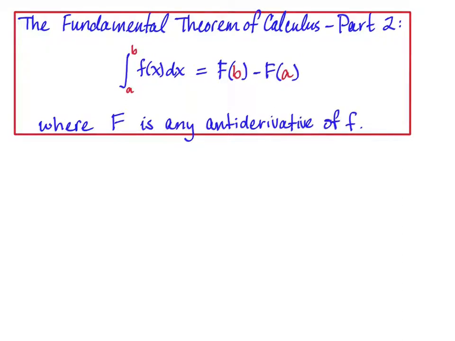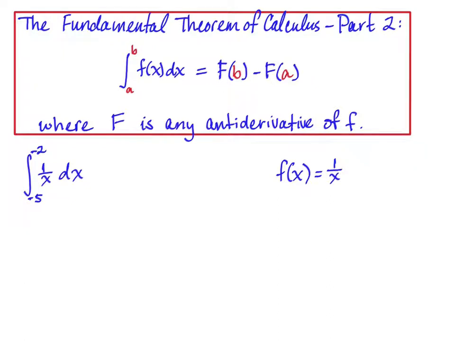All right, so let's see how this works. Say we want to integrate from -5 to -2 the function 1 over x dx. So little f of x is 1 over x, right?